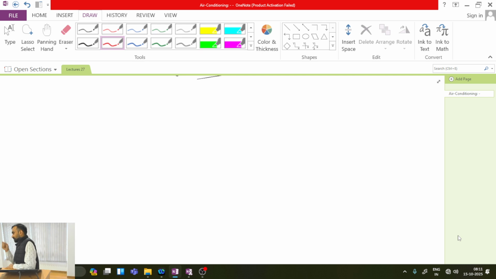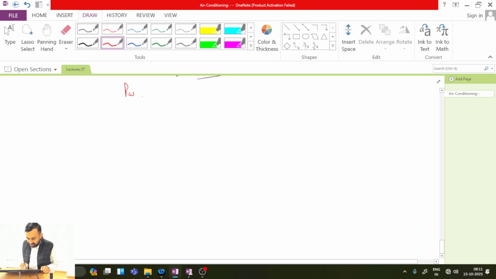Now can you tell me under what conditions these two different states can exist? We have two things for water vapor: one is its partial pressure, the other is its vapor pressure. What will happen when the partial pressure of water vapor is less than the vapor pressure of water vapor? That is one condition. The second condition is if Pw is equal to Pvw.